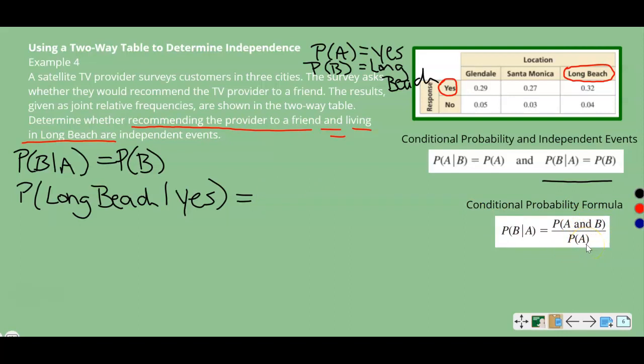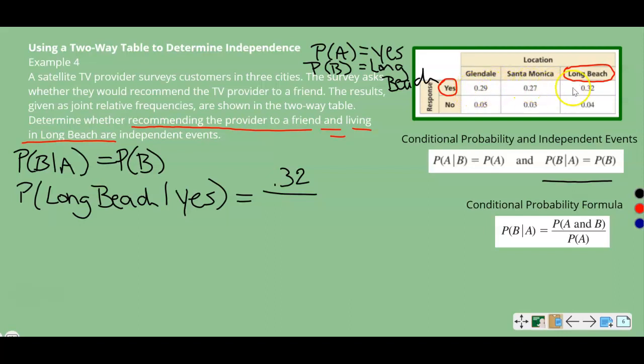This is from the previous section, and this is the formula you use for conditional probability. The probability of A and B, so yeses and Long Beach, that's 0.32. Again, that's a yes response and living in Long Beach, and that's going to be over all the yes responses.